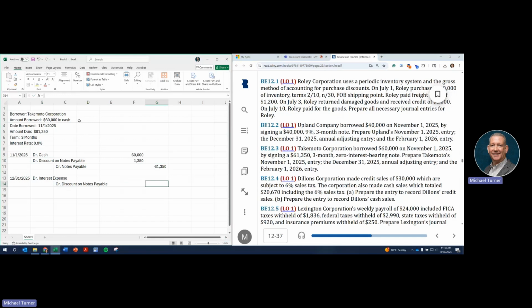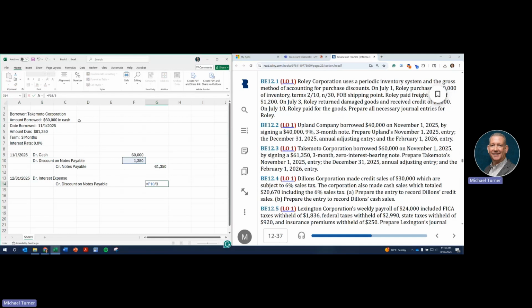So let's take a look at this discount on notes payable. We know the total balance of that account is $1,350. We also know that the term is 3 months. So if I divide that by 3, I can get a monthly amount to amortize the discount towards interest expense.